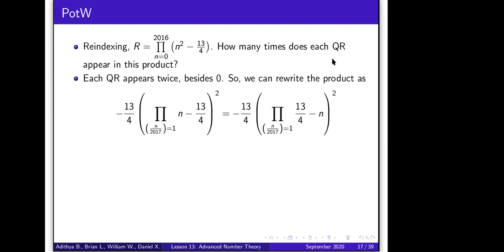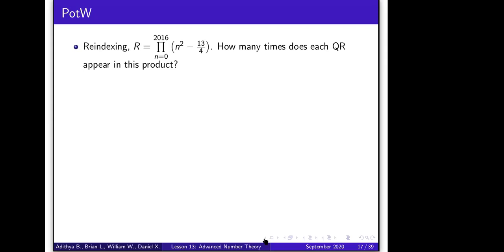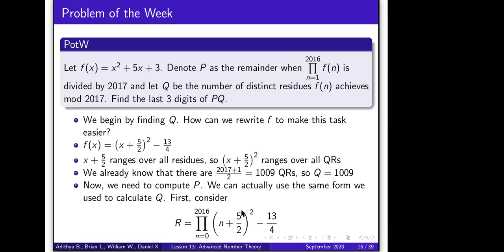So what I mean by reindexing is that right now, let me go back to the previous slide. In the previous slide, we had n plus 5 over 2 squared. We could proceed from here, but we just take an extra step: we reindex it, let's say we take an index I such that I is equal to n plus 5 over 2.